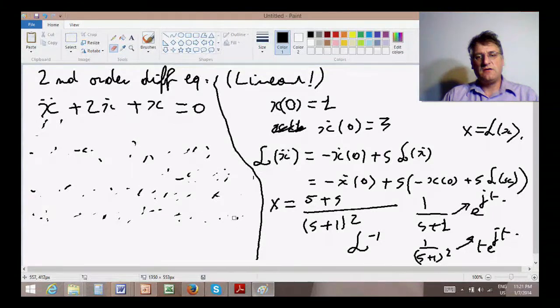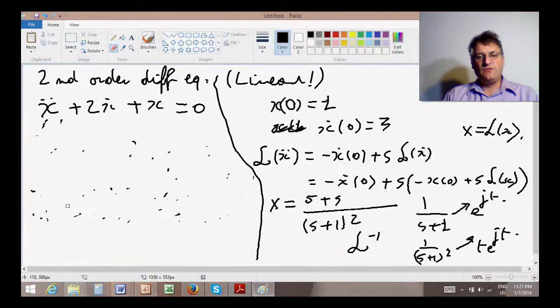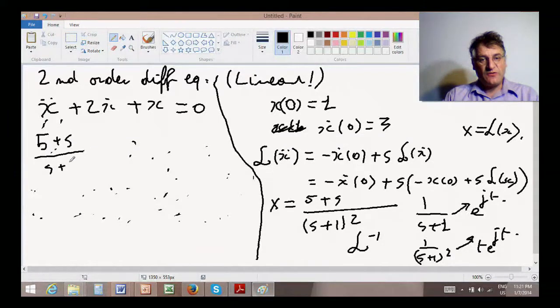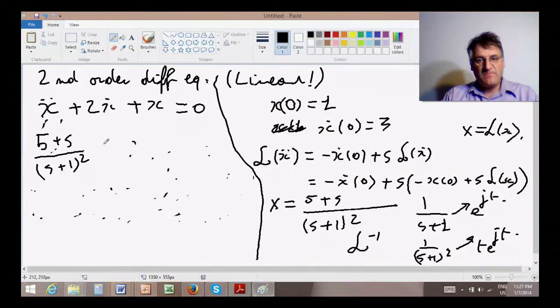If we erase this decently enough, what we're going to do is write and do the complicated operation of finding A and B such that 5 plus s divided by s plus 1 squared is equal to A over s plus 1 plus B over s plus 1 squared.